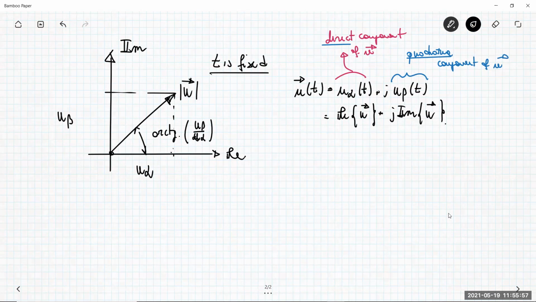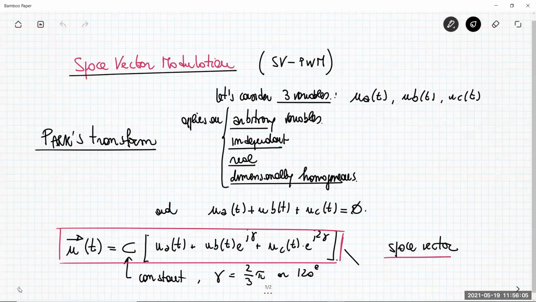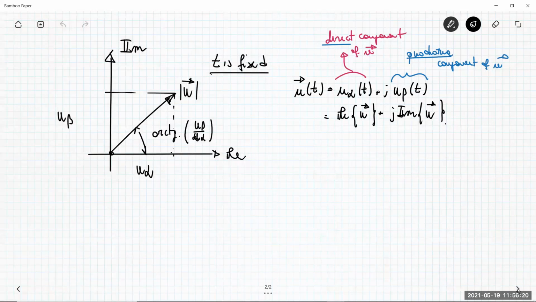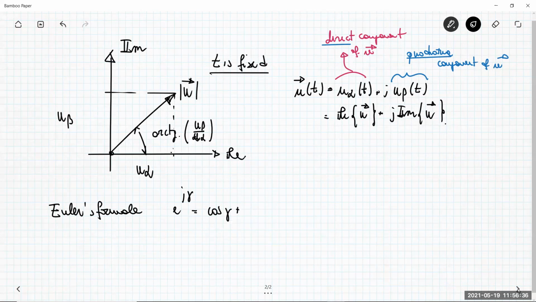Let me just provide a very simple manipulation on this expression here, to find out the real and the imaginary part of the space vector in terms of ua, ub, and uc. So in order to do this, I should use Euler's formula that provides the representation of an exponential function like this in terms of trigonometric functions like sine and cosine.